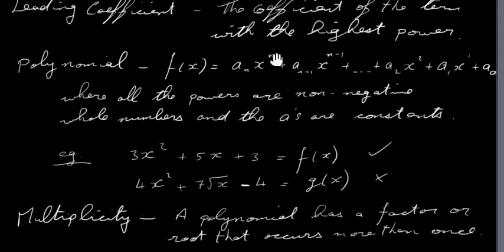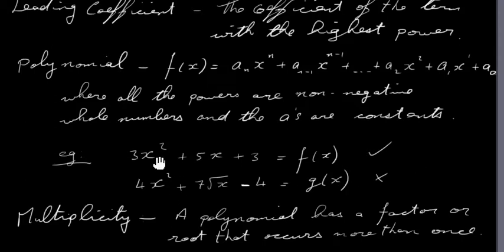So all of these powers here must be positive, first of all. And all the a's here, all the numbers in front of the x's, x to the power of n and so on, all of these coefficients must be constants. So they must be numbers like 3 and 5 and 10 and so on.